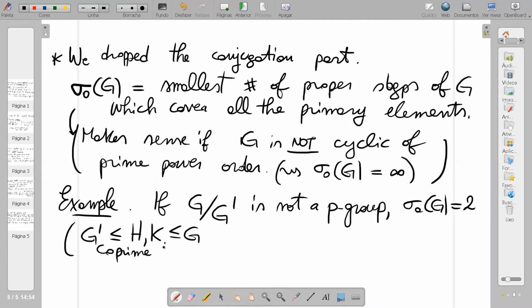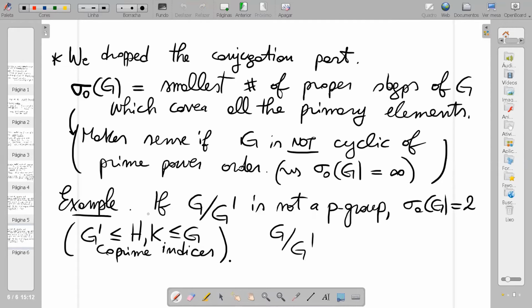I was saying that sigma 0 of G is 2 if G modulo G prime is not a P group, because if you take H and K of coprime indices, then essentially you can work inside the abelianization, and every primary element is either in H or in K. This is simply by using a little bit of Sylow theory and so on.